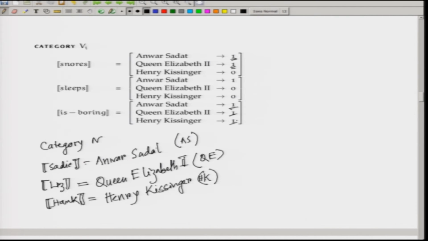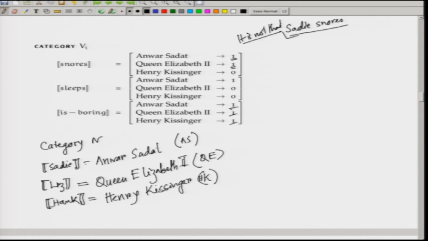So, from this, suppose you make a sentence like Sadie snores, as we have done before. Sadie snores is a perfect sentence, or you can just add it is not that, which is neg.